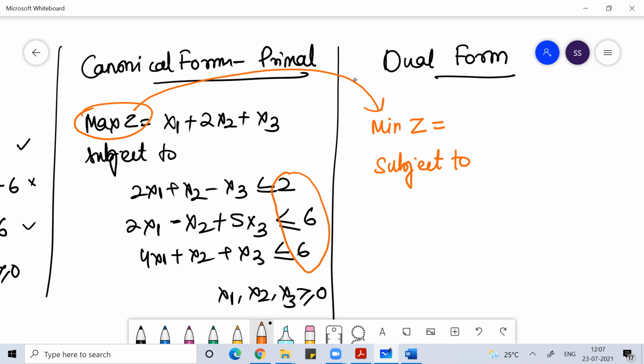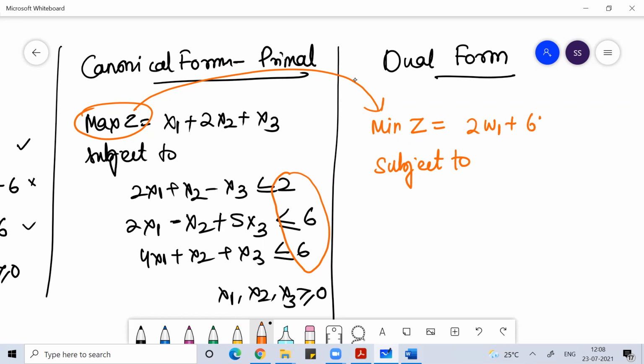The coefficients of the objective function of the dual form will be the RHS of the constraints of the primal form.